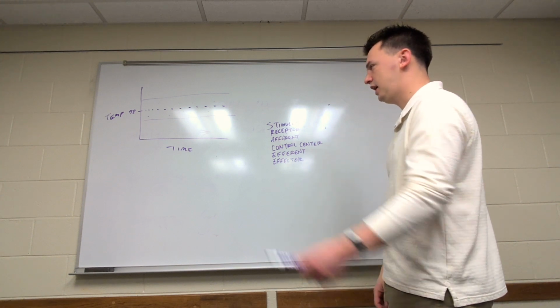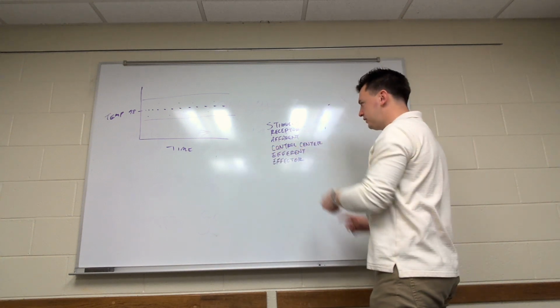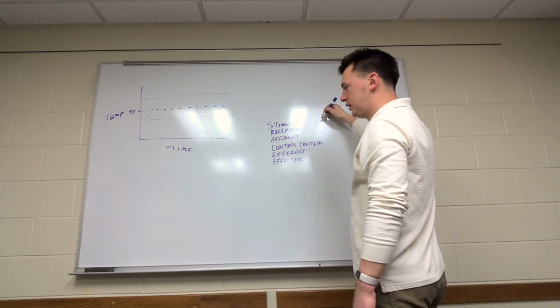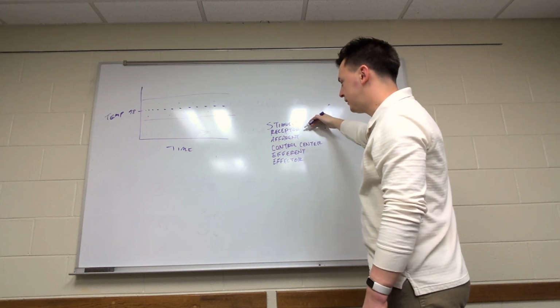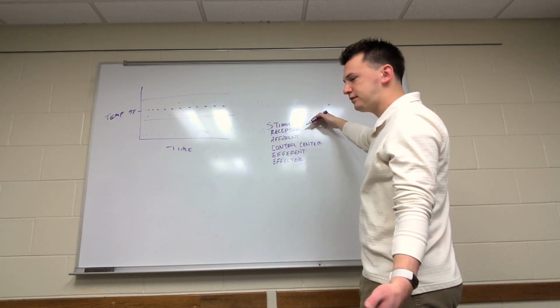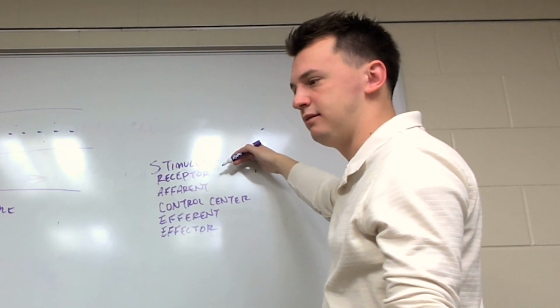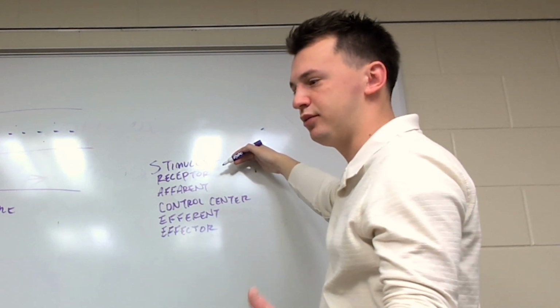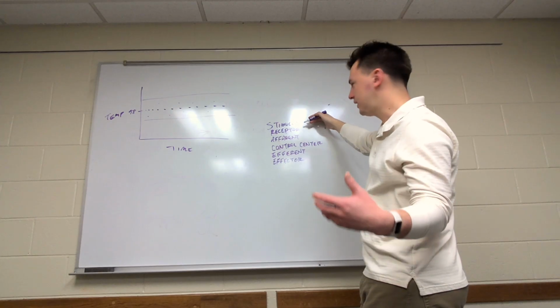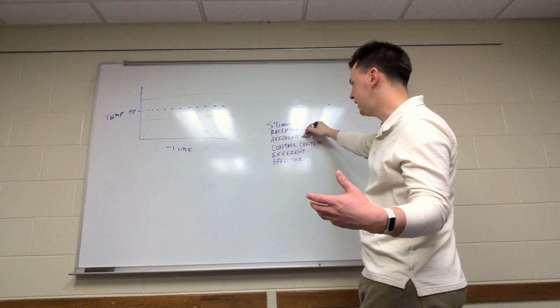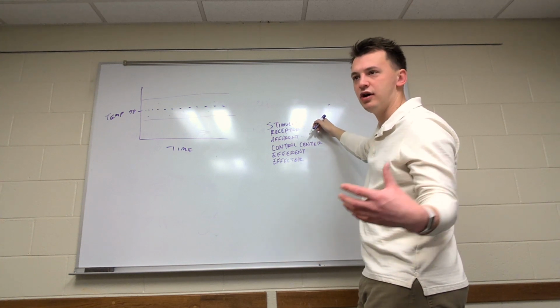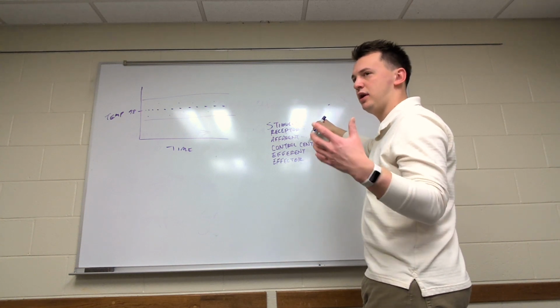For example, if we did temperature, the stimulus would be cold weather. And then the receptor would be like your skin telling your brain, hey, it's cold outside. The afferent pathway is neurons going to the brain, telling the brain it's cold.